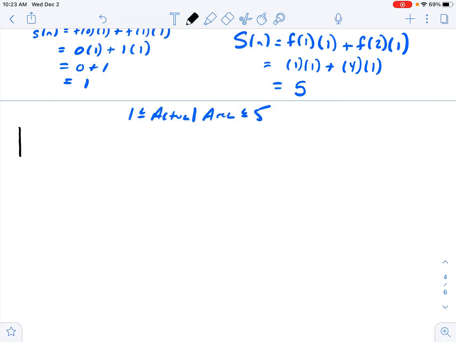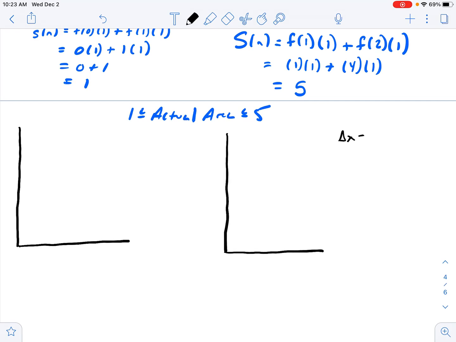Let's see what happens now if we go all the way out to 4 rectangles. So think about what delta x is going to be with 4 rectangles. 2 minus 0 over 4, 2 over 4, or 1/2 this time.